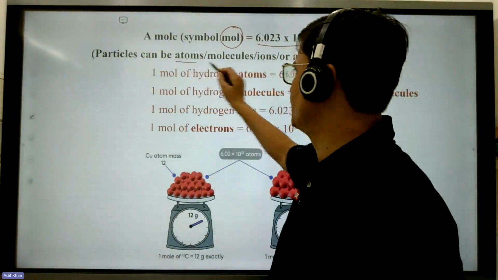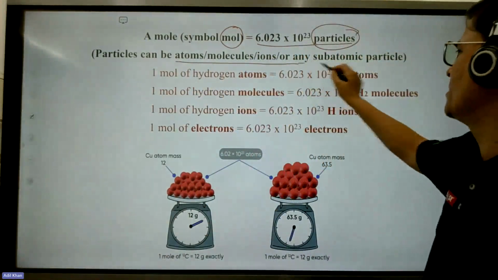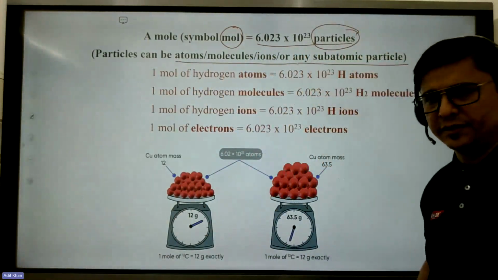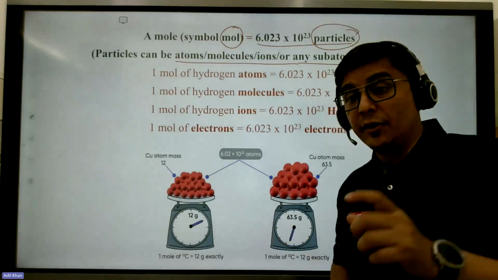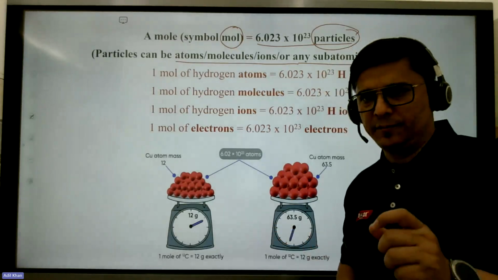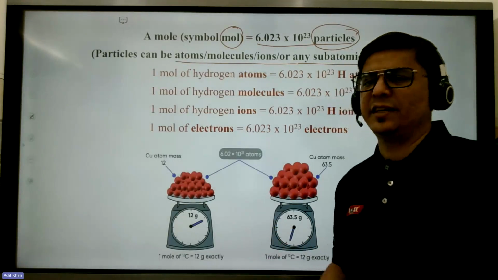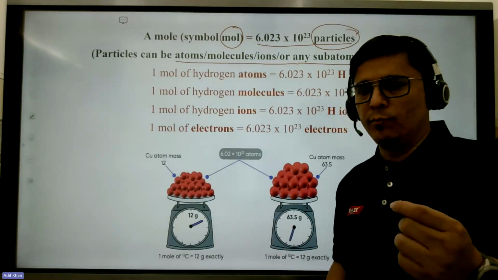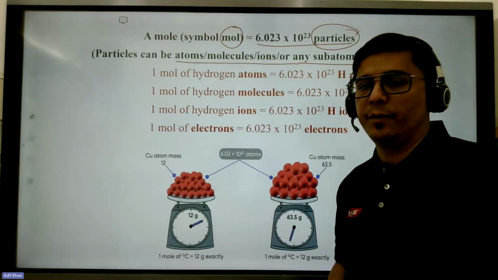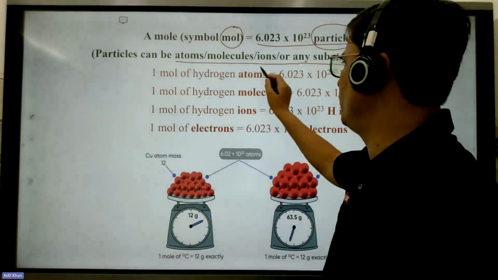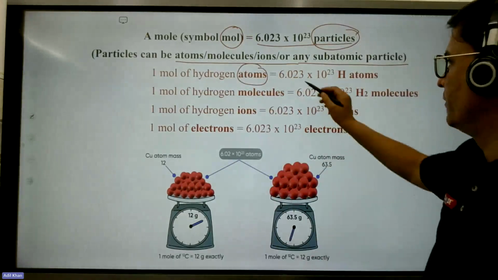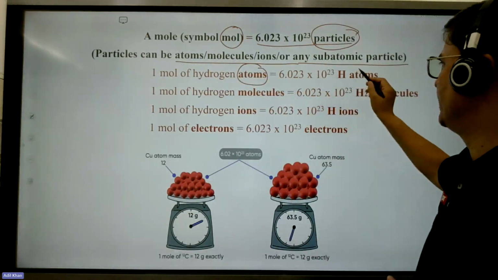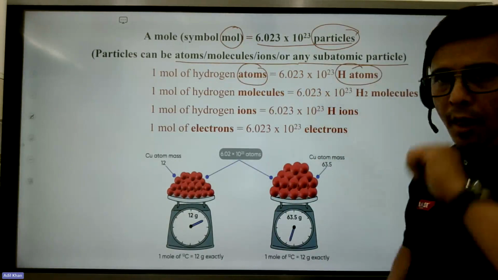Particles can be either atoms, molecules, or ions, or any other subatomic particles, small particles. Basically, it is helpful in calculating smaller particles, or particles are those things which have mass and charge. So mole is used to calculate smaller particles. For example, if I tell 1 mole of hydrogen atoms in India, then it will be 6.022 × 10^23 hydrogen atoms.